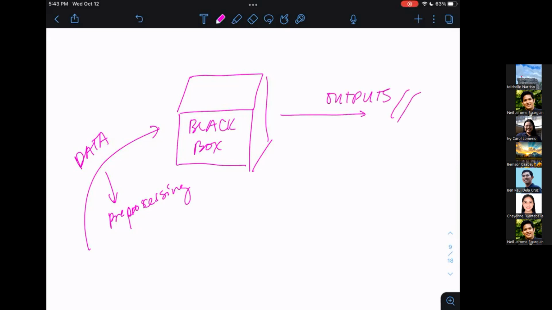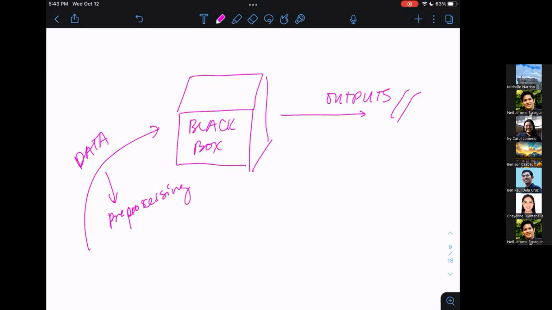So parang ganon, yung sort of simplified description of the pipeline in doing machine learning, for instance, kaya nga machine learning yung tawag natin eh. We want the machine to do the learning by its own. So ibig sabihin, hindi na natin siya papakialaman. If i-feed lang natin siya ng data, siya na yung bahalang kumuha ng relationships and insights from those data, tas bibigay niya na lang sa atin yung outputs.